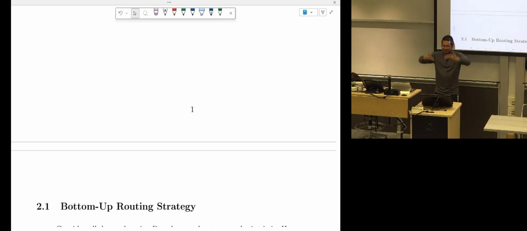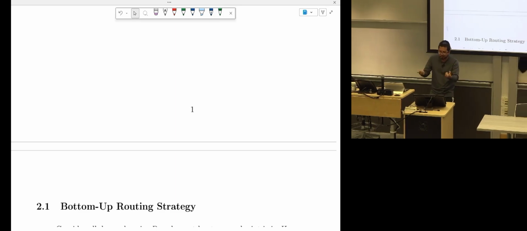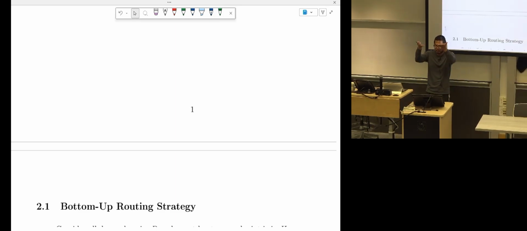When you concatenate all this flow from the bottommost level up to the top level, it will be the flow that routes the original demand D that we want to route.